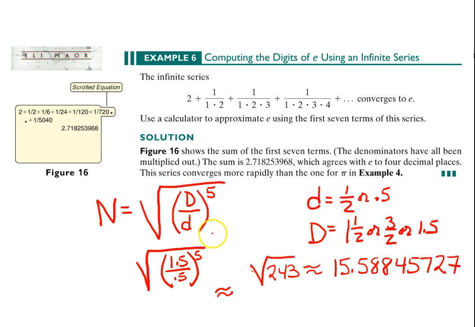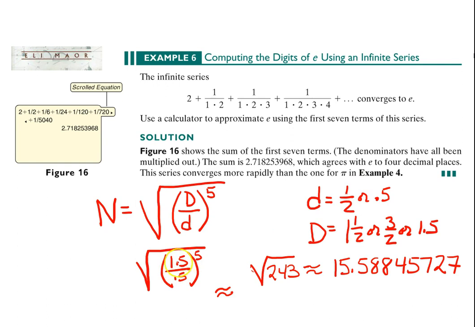All right, this is example 2 in our booklet, and it's just to see if you know how to put things into your calculator. So here they're defining capital D as 1 1/2, which is 3/2 or 1.5. They're defining lowercase d as 1/2 or 0.5.